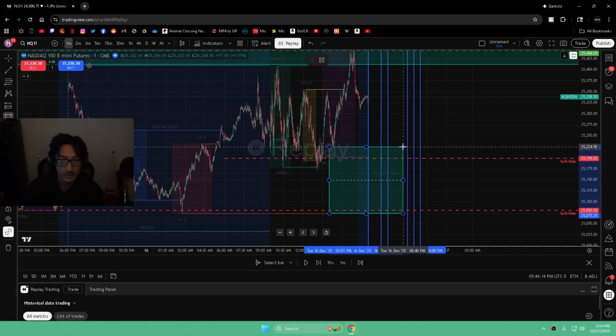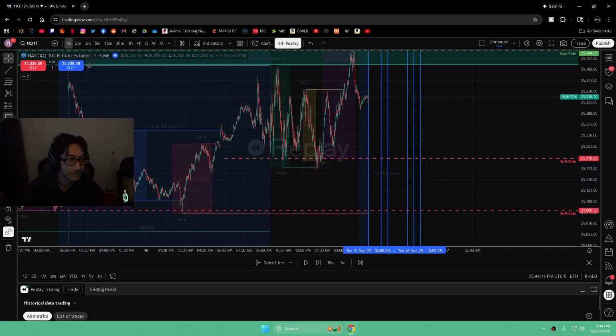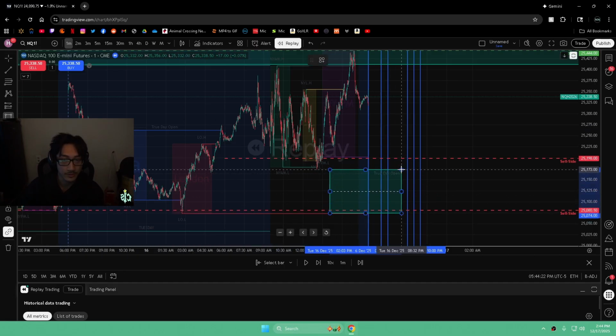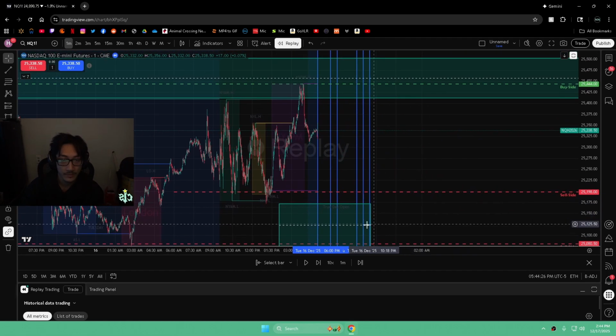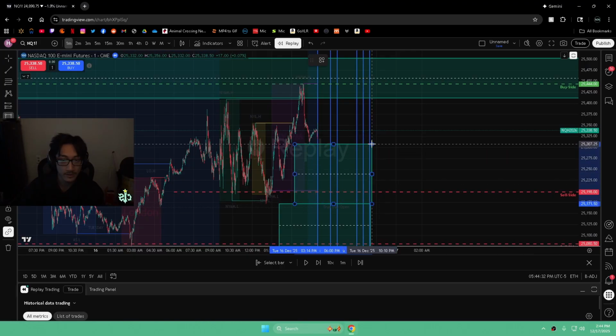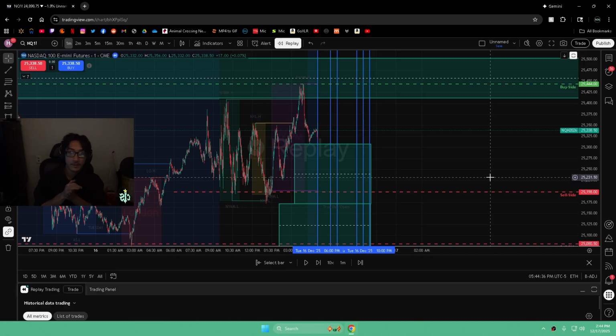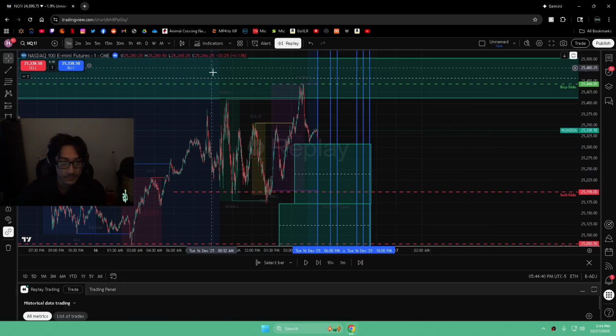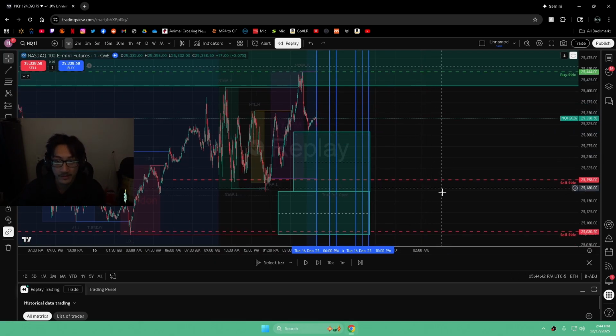Here you would consider imbalanced. For now, let's just consider London low to wherever this wick is an imbalance. Right? And then we could do a closer imbalance, which would be this one to this low. Right? So those are your imbalances and draws on liquidity, buy side and sell side.